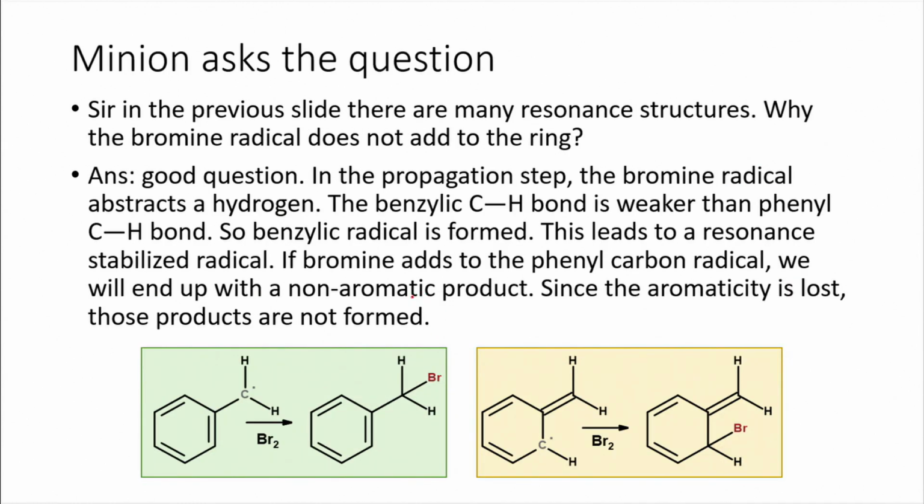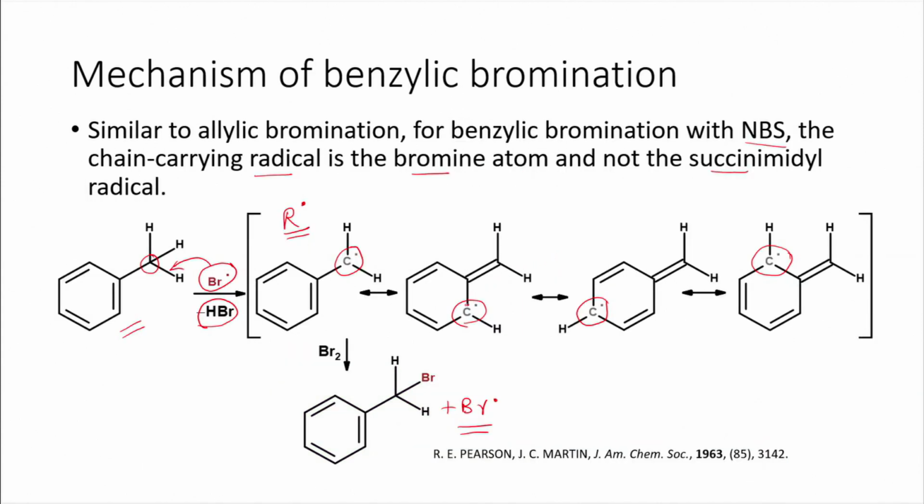A student asks a question: sir, in the previous slide there are many resonance structures, why does the bromine radical not add to the ring? This is a very good question. If we go back, we have three resonance structures where the aromatic system is having the radical.